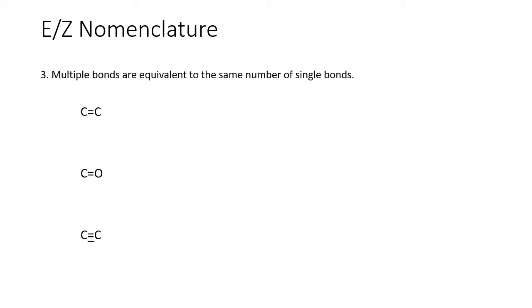And if you are ever determining priority and you have to, one at a time, move away and you have to move through a double bond, the double bond is equivalent to that same number of single bonds. So a C=C bond is equivalent to a carbon with two other carbons coming off of it. So we imagine it like that when we're looking at the priority.